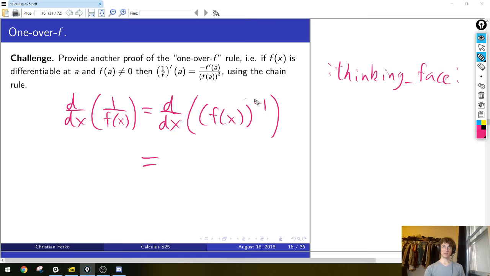We can use the power rule because we proved the power rule for integers, and -1 is an integer, so we're in good shape there. Wait, I thought we proved it only for natural numbers. Remember we proved it for natural numbers, then we proved the 1 over f rule, and then we used the 1 over f rule to prove that it's also true for negative integers.